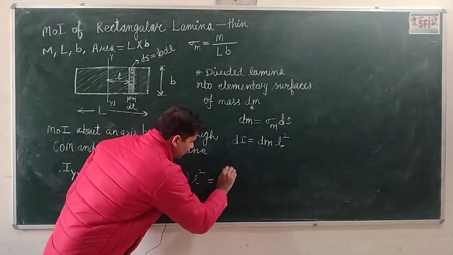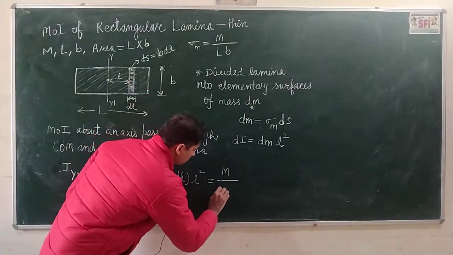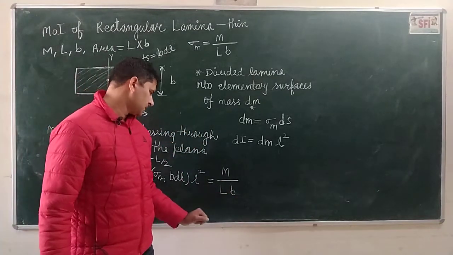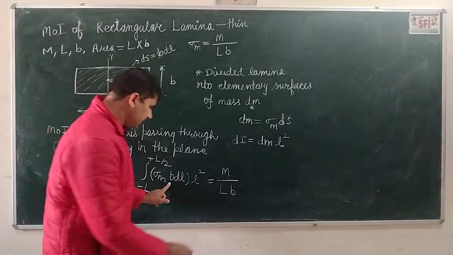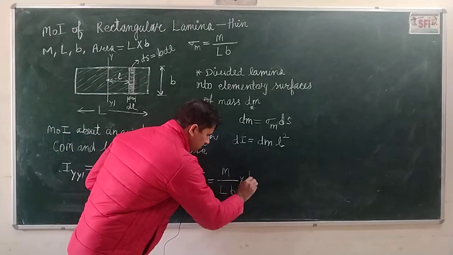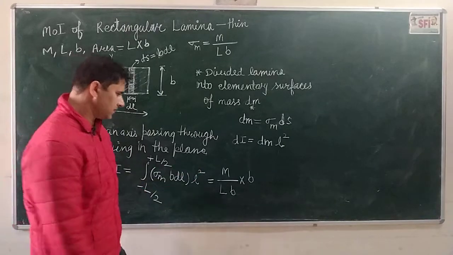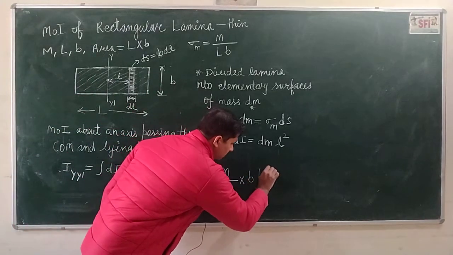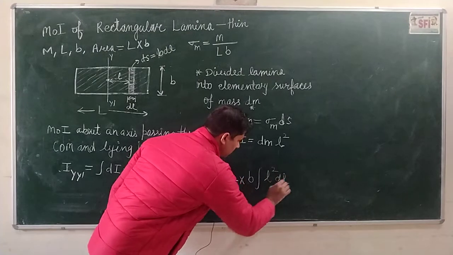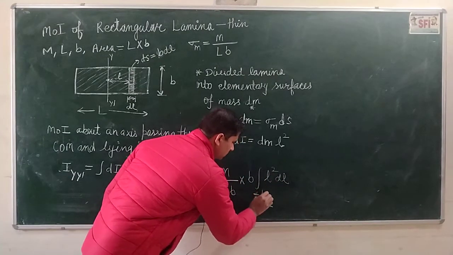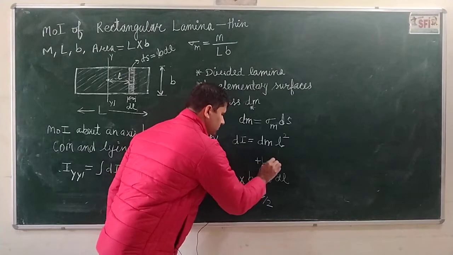So you will get m divided by capital L into the width of the lamina b, and then you have to integrate l square dl from minus L by 2 to plus L by 2.